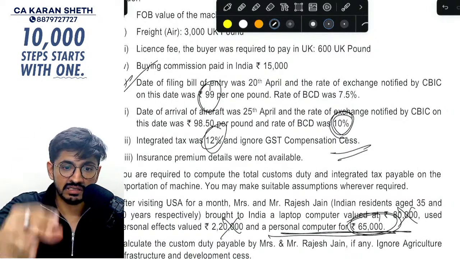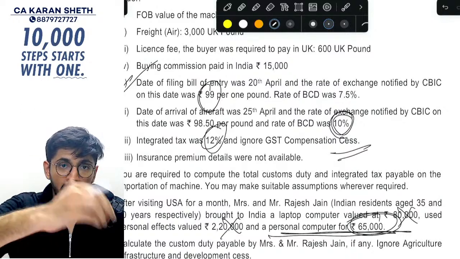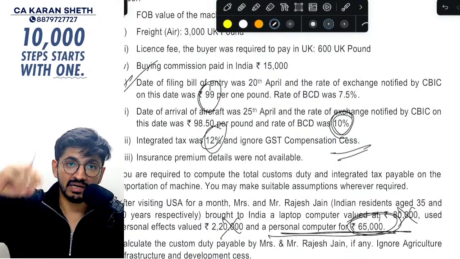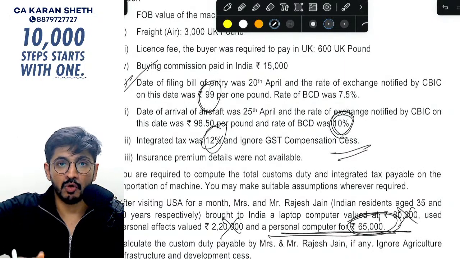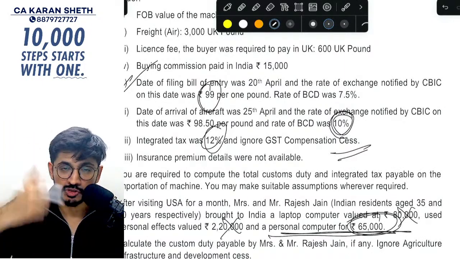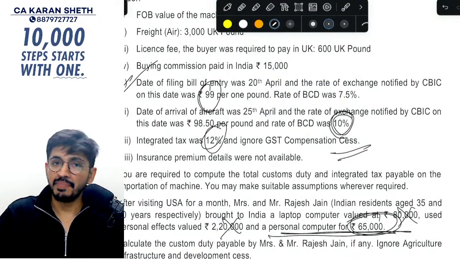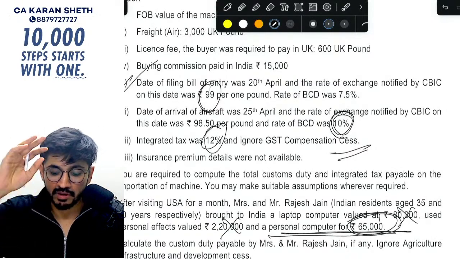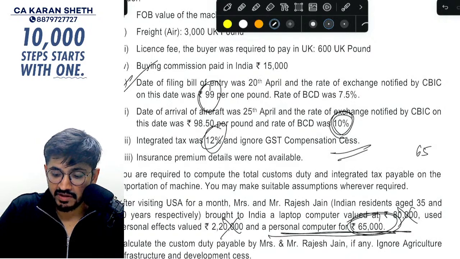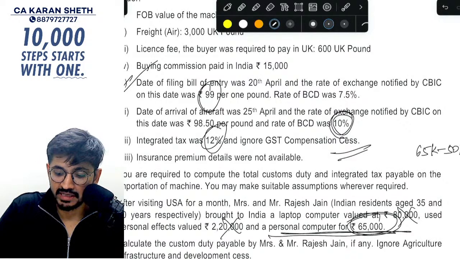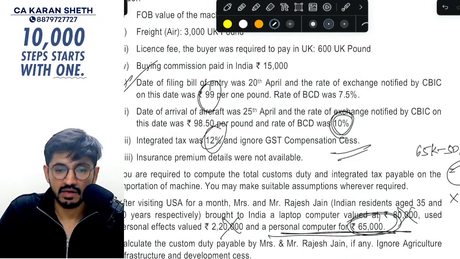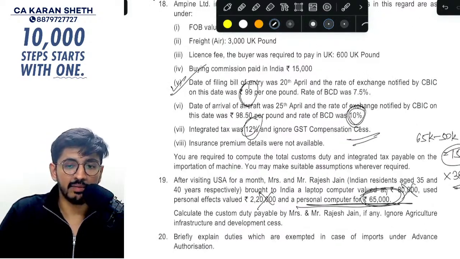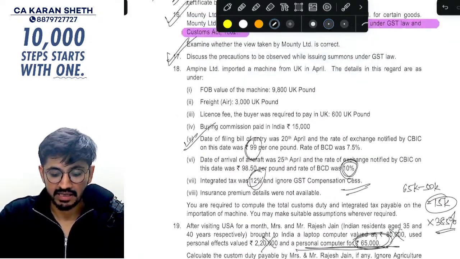So either it's Mr. or Mrs. Either has to claim that it is their laptop, and ideally it will be of that person on whose name the invoice is issued. That person will claim it, and will legitimately pay 65,000 minus 50,000 exemption, 15,000. He will land up paying 38.5% customs. Is that very clear, my dear friends? Yes, sir.